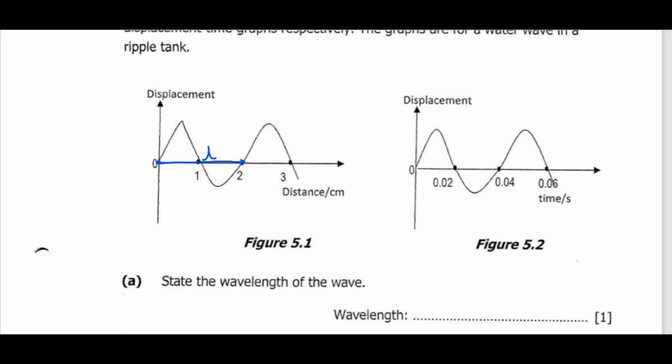Or you can get it from here up to here, because if we move along the x-axis, this is 0.5, then here we have 2.5. So 2.5 minus 0.5, you still get 2. Then from 0 up to here you still get 2. So wavelength is equal to 2 centimeters or 0.02 meters. In meters you divide by 100 because we are given centimeters.